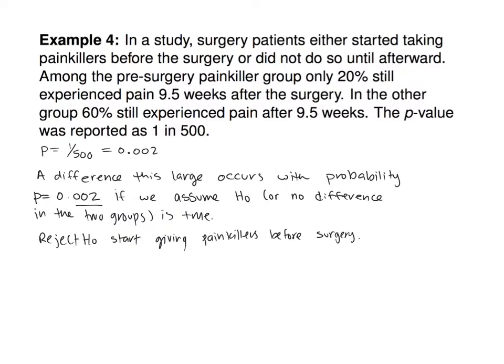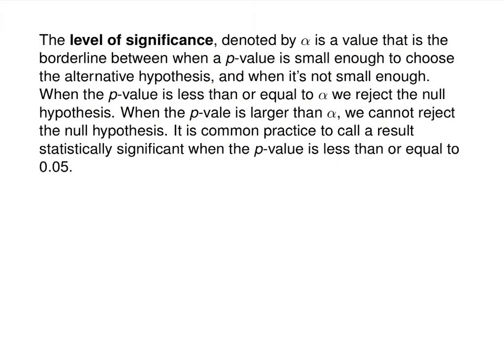And that's the next thing we've got. The level of significance, which is denoted by the Greek letter alpha, just like a little fish. This is a value that is the borderline for when the p-value is small enough to choose HA. Like we had that 0.05 before, right? Once your p-value is less than 0.05, you reject H naught and accept HA. Does that ring a bell? When the p-value is less than or equal to alpha, you reject the null hypothesis.